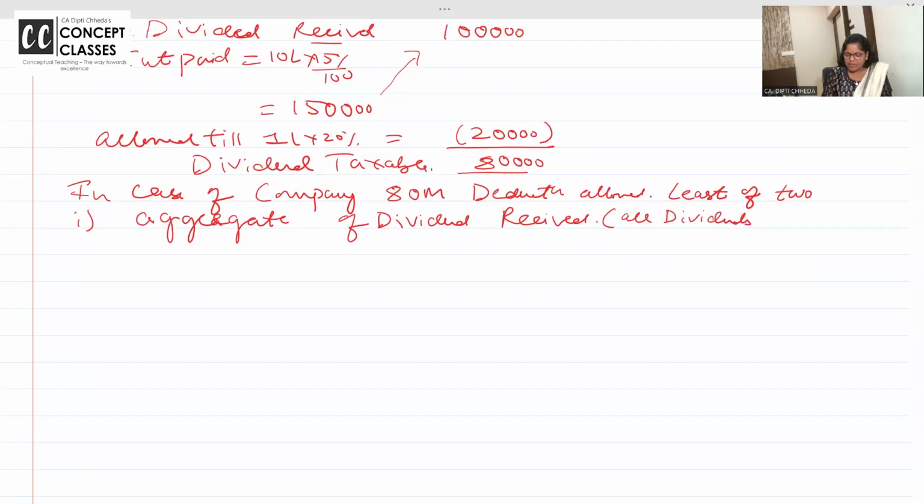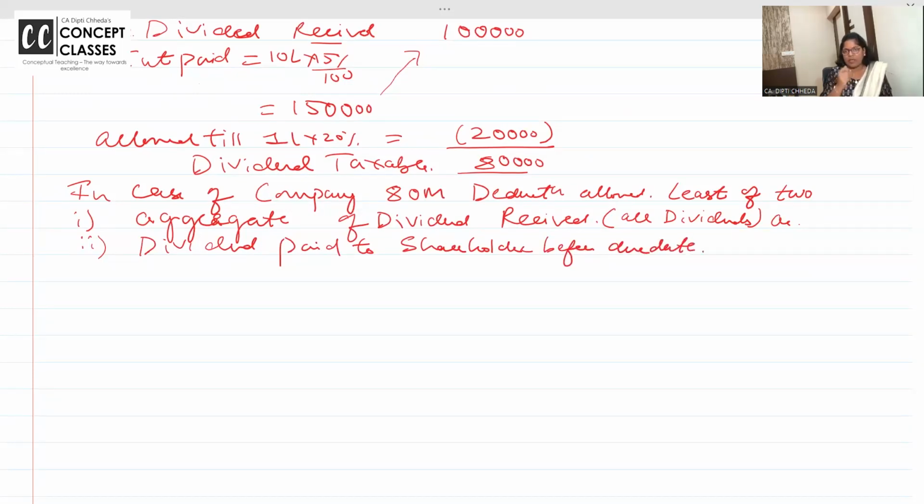When I'm writing all the dividends, all dividends, or aggregate dividend paid. Dividend paid to shareholder before the due date.